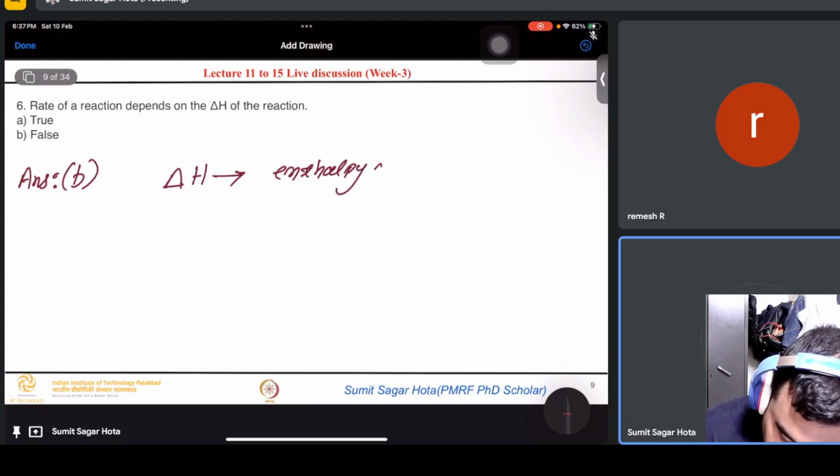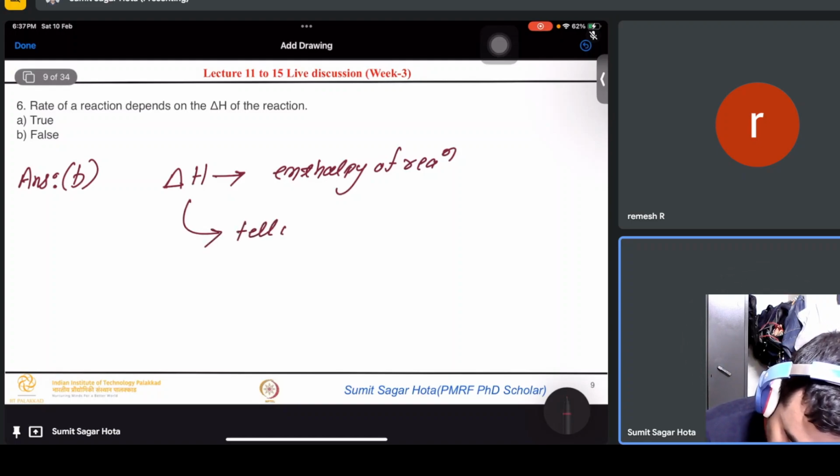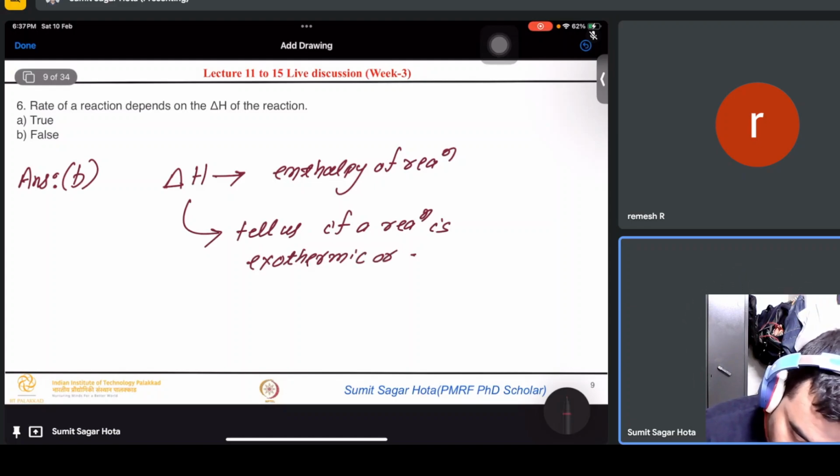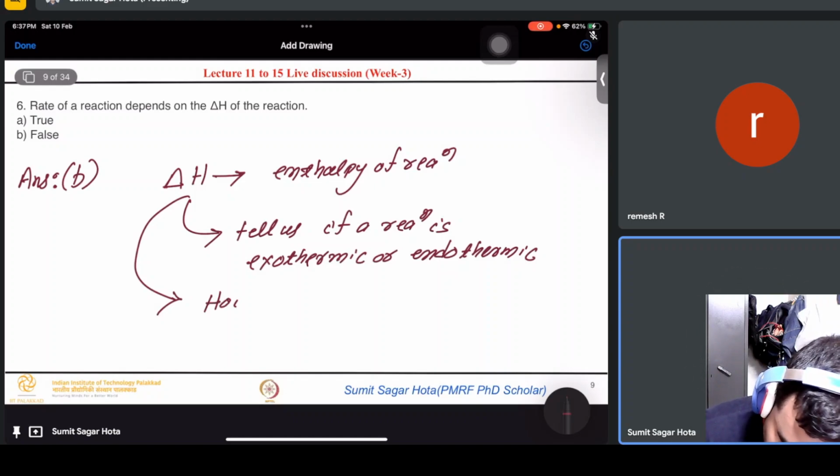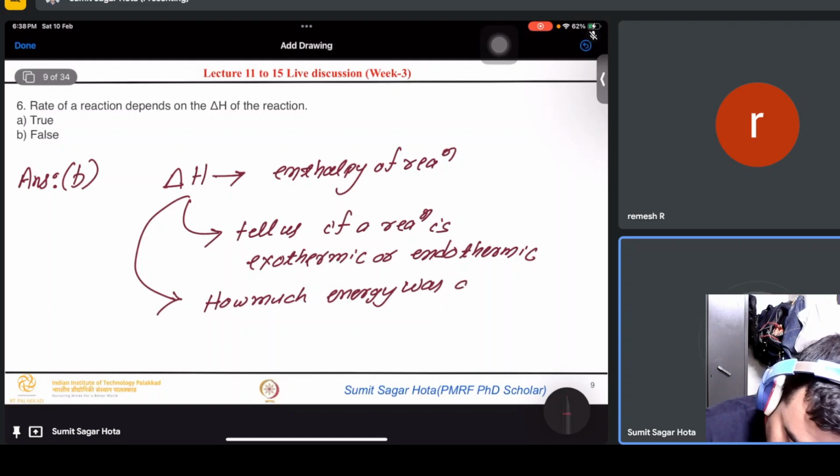Don't confuse your exothermic or endothermic. Delta H, delta... or what does it all?